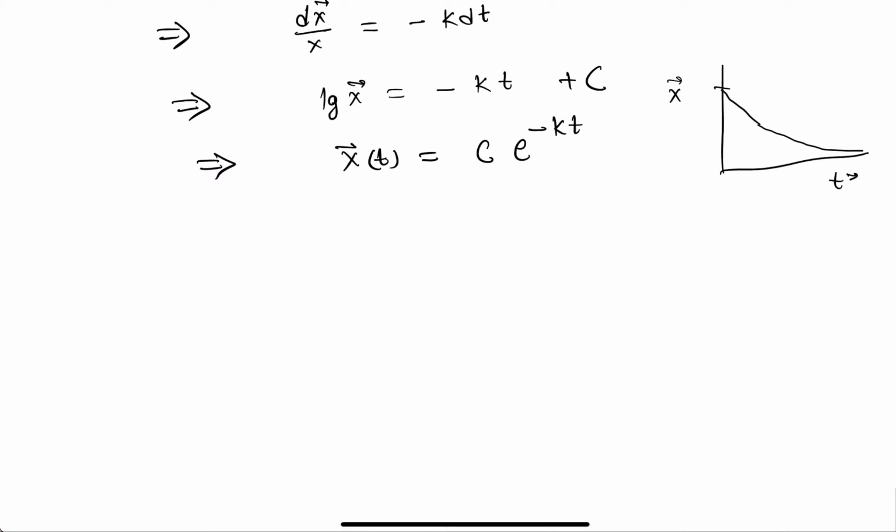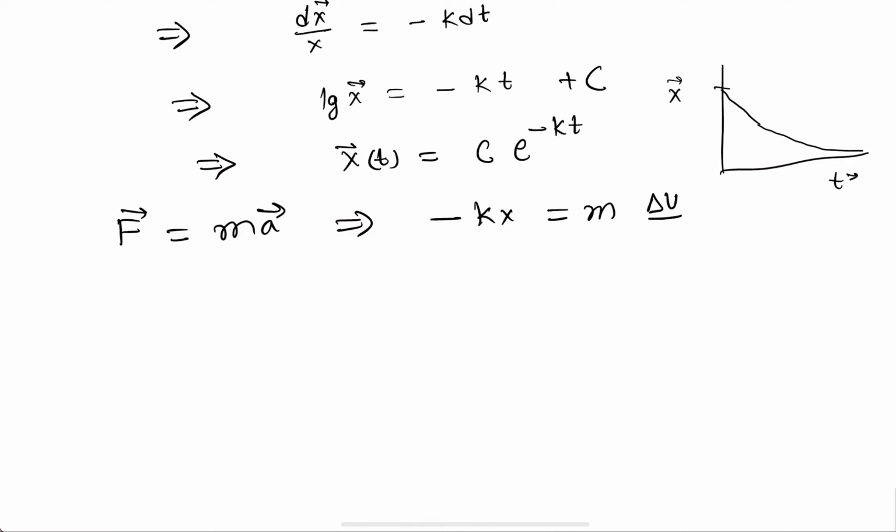If we apply the same formula, Newton's law is F equals mass times acceleration. For force, we have minus kx for the spring system. We have the mass, and for acceleration, acceleration is change in velocity by change in time.